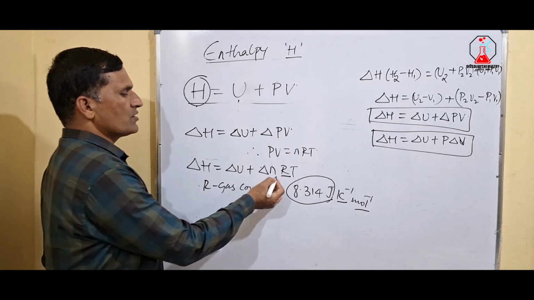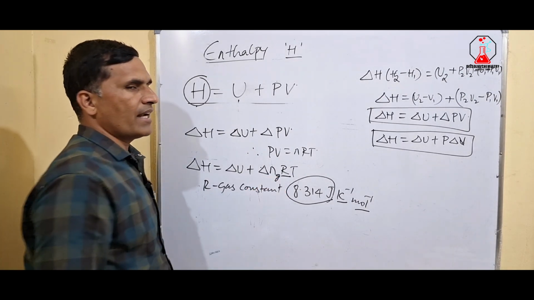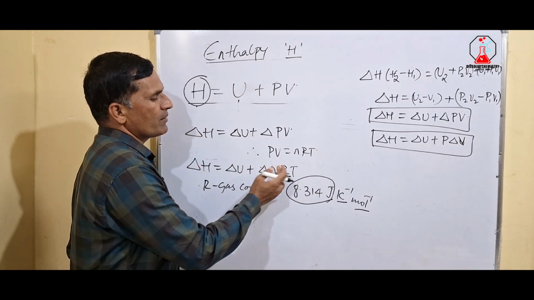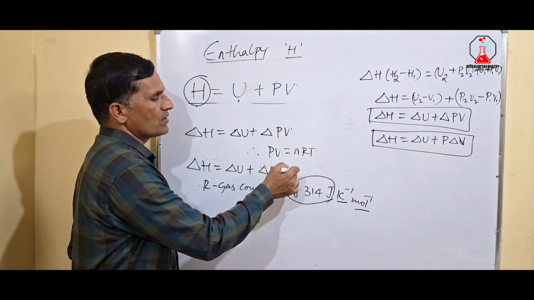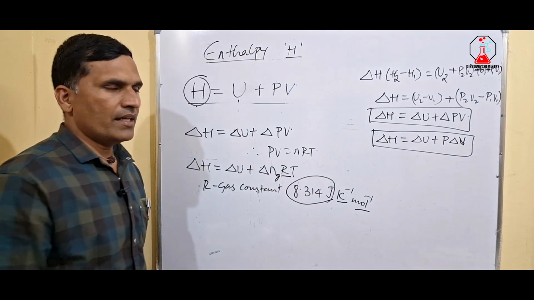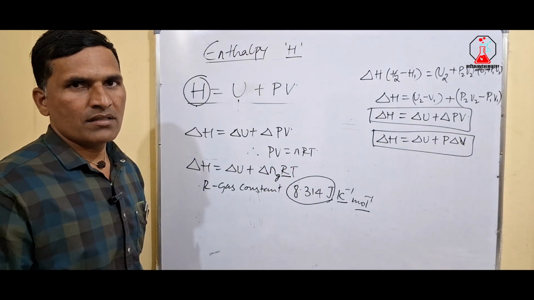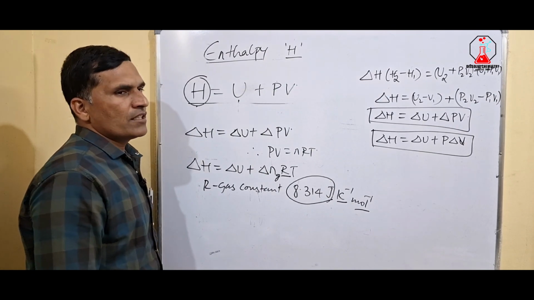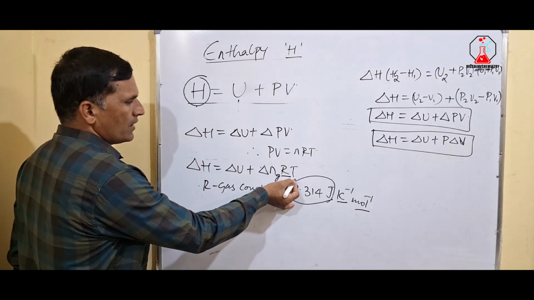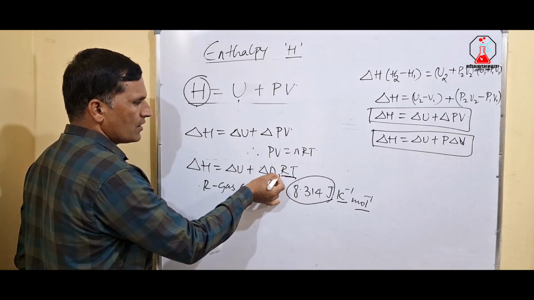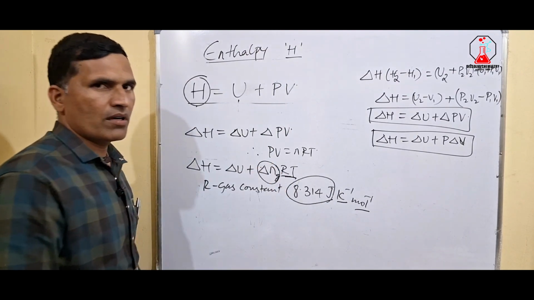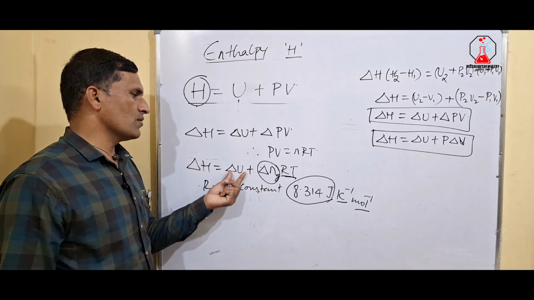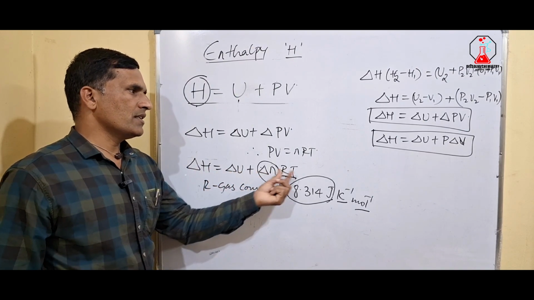So if the change in number of moles of gaseous reactants and products is there, then if we multiply that number with this gas constant and the temperature, we will directly get the work done in the form of nRT. Whenever the change in number of moles of gaseous reactants and products is given in the problem, then you have to use the formula delta H is equal to delta U plus delta NgRT.